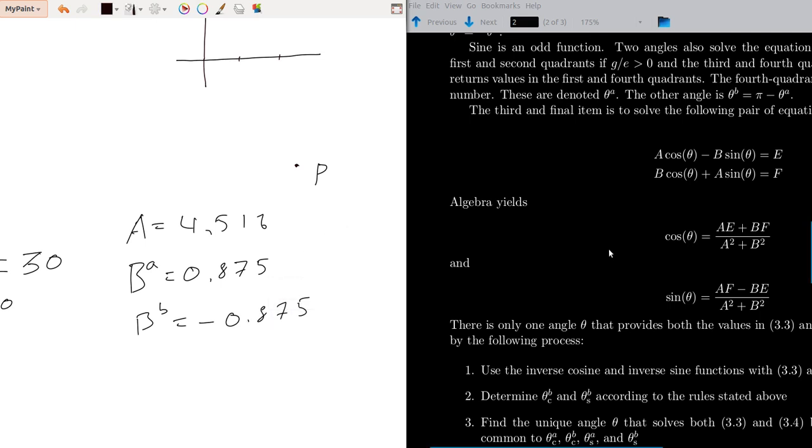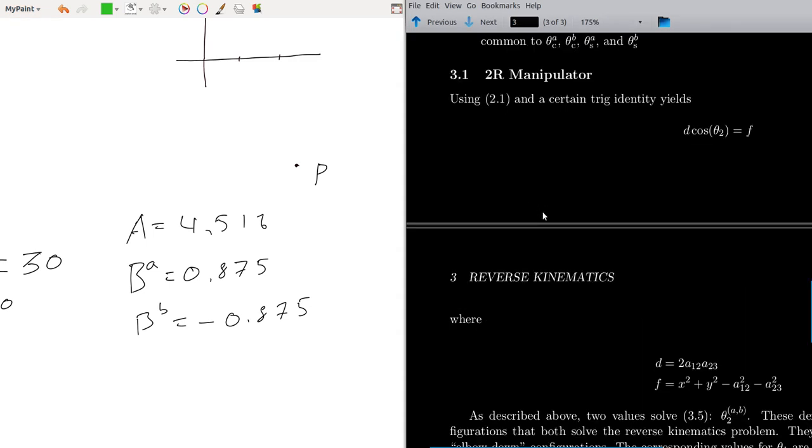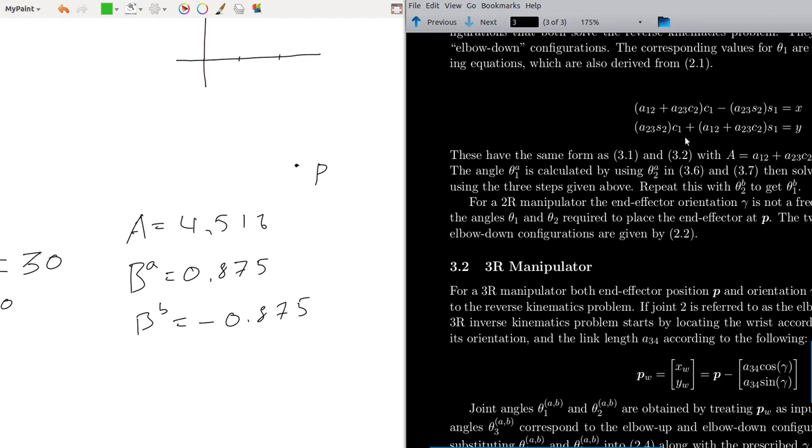And the reason that there are two values for B and only one for A is that A uses cosine of theta 2, and cosine of theta 2a is the same as cosine of theta 2b.